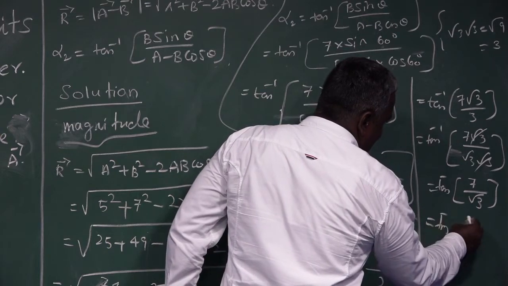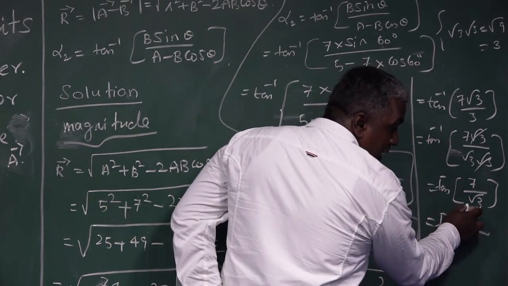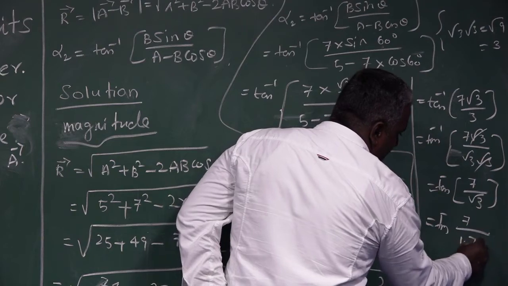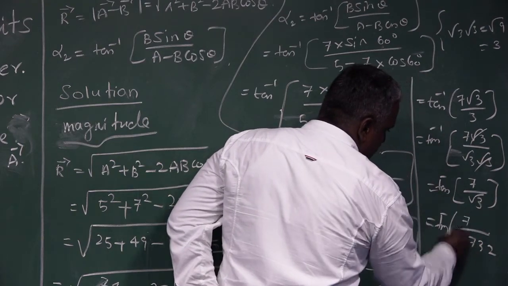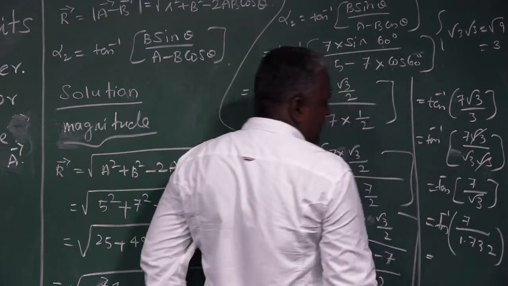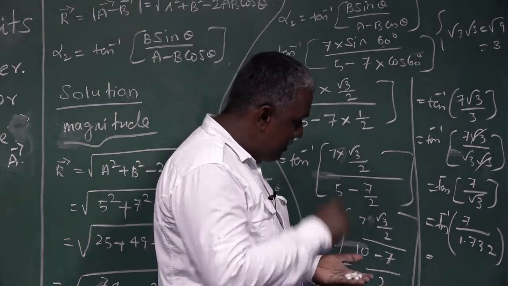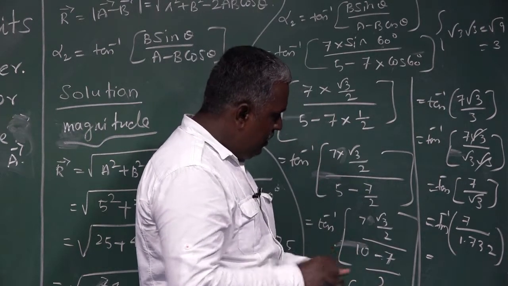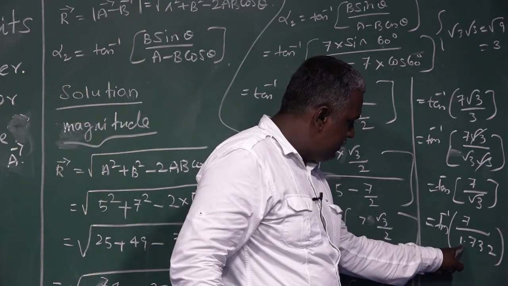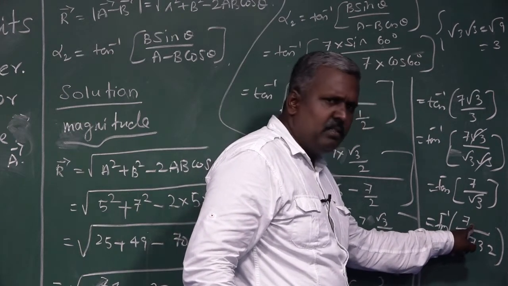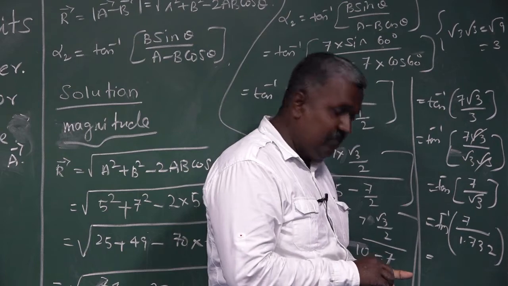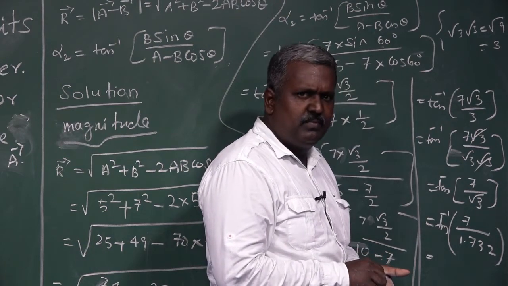So root 3 means 1.732. So 7 by 1.7 something. Suppose this is 2 and this is 8, you can directly cancel and get 4.